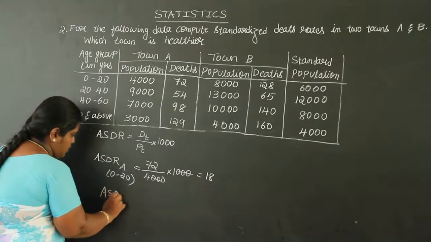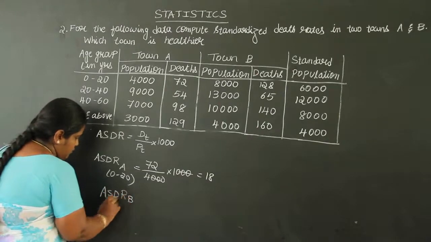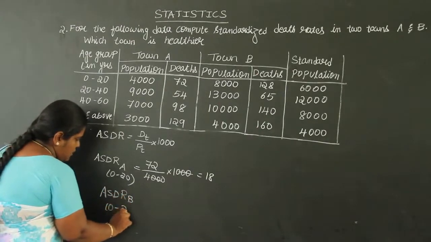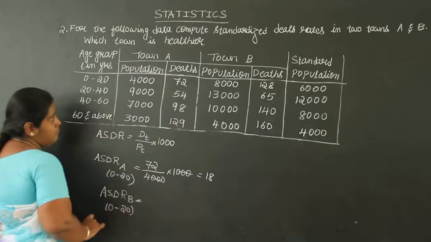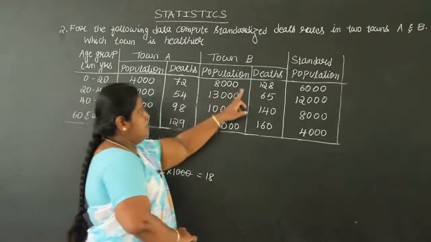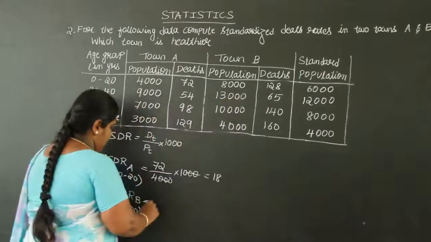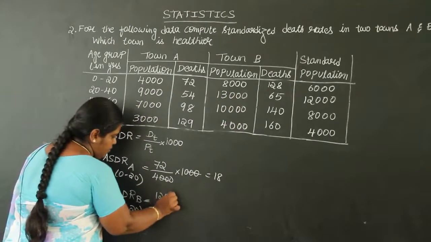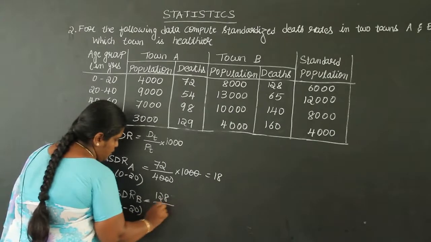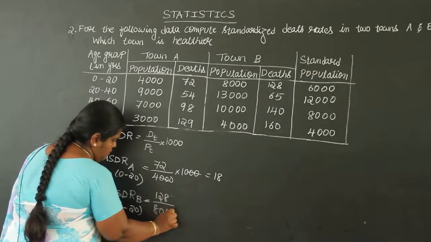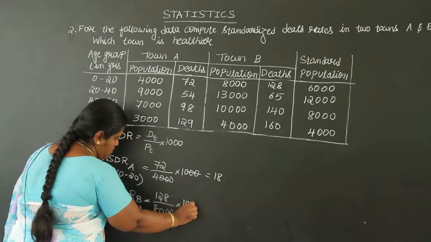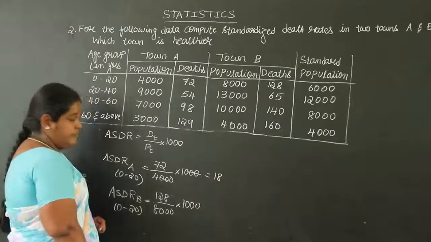Similarly for town B, ASDR for town B for the age group 0 to 20. For the age group 0 to 20 of town B, it is 128 divided by 8000, into 1000.